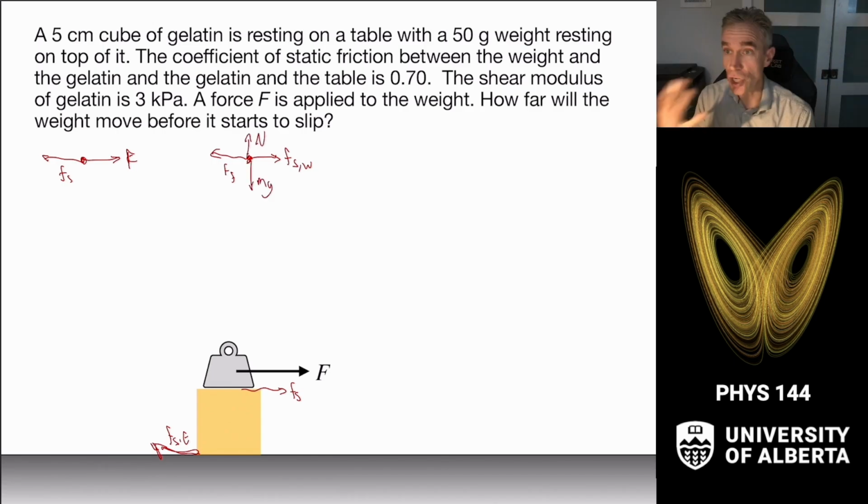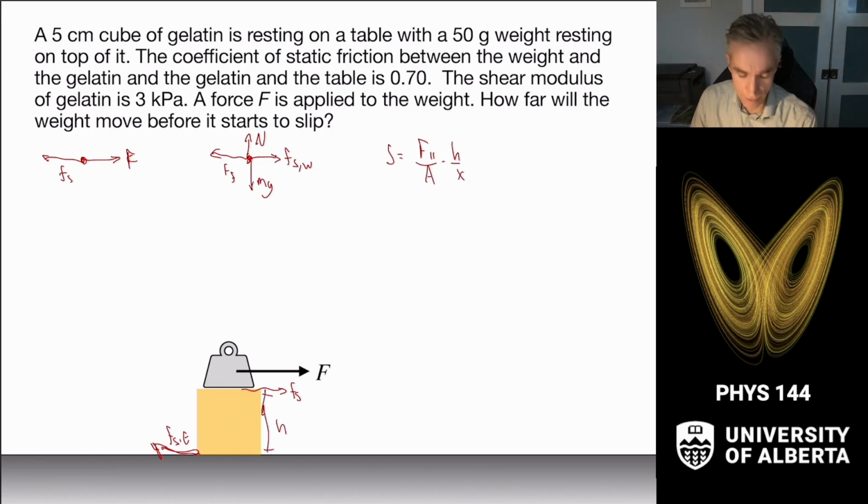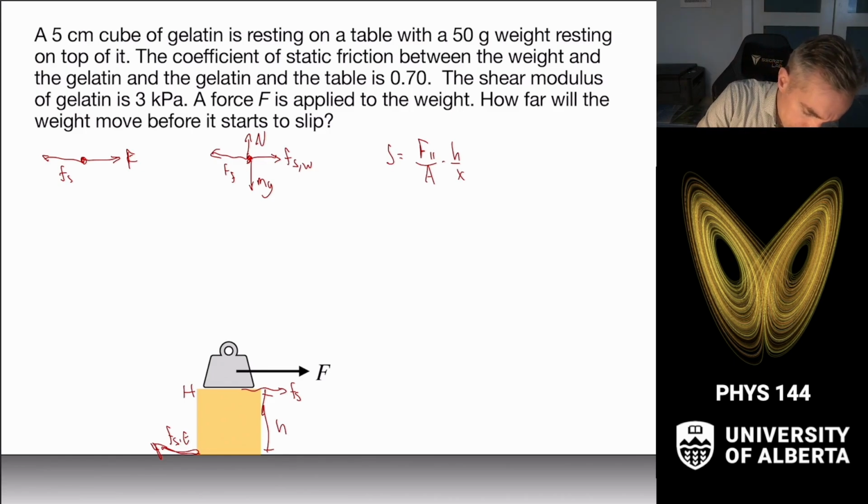This sets up a shear problem, which means we have our shear relationship, which says that the shear is equal to the shear stress, F parallel over A, times h over x, where h is how high the cube is, and x is what we want to find, which is how far it will move before it starts to slip. That parallel force is going to be in equilibrium.